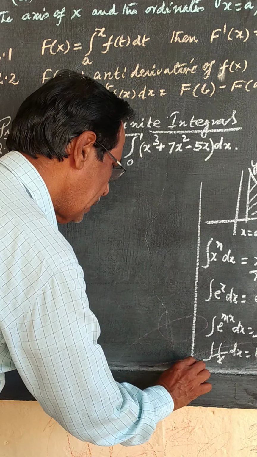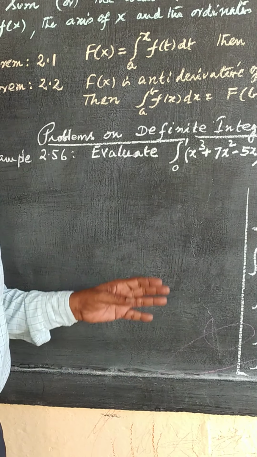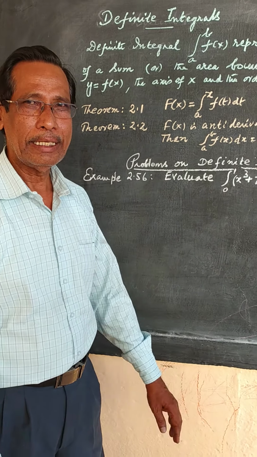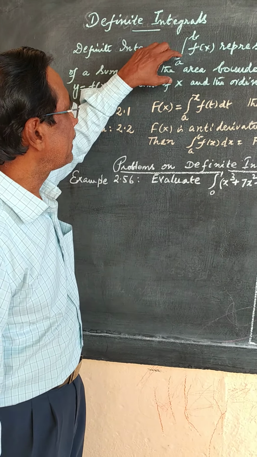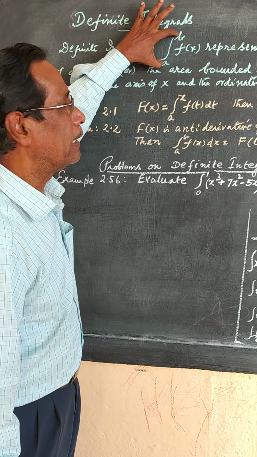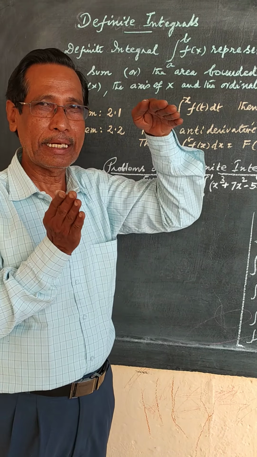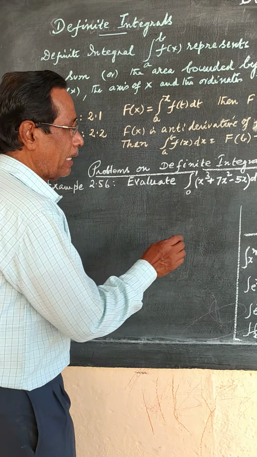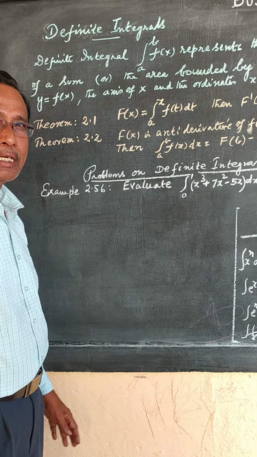Now, in definite integral, there may not be any auxiliary constant, because we are going to integrate from a to b. That means the limitation of the integration is totally given, and therefore there will not be any auxiliary constant.